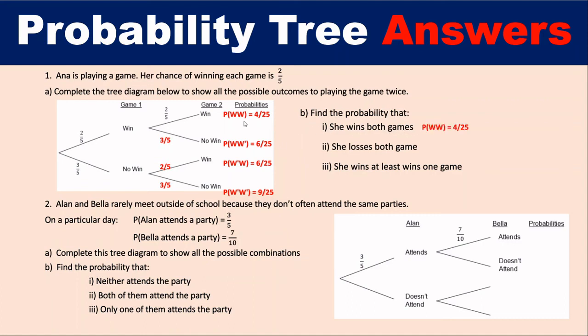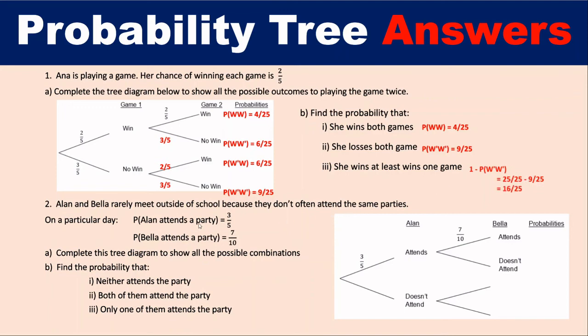That's win-win. The probability that she loses both games, that's lose-lose. And the probability that she wins at least one game. So you could either do 1 minus the probability that she loses both games, or you could have added together all of these possibilities. I think 1 minus the probability that she loses both games would be the easiest way to work it out.